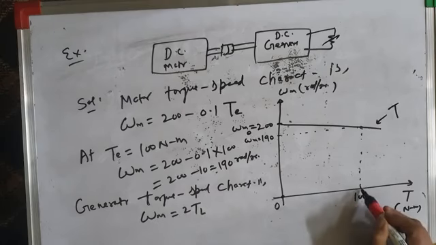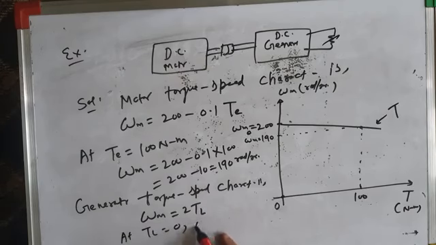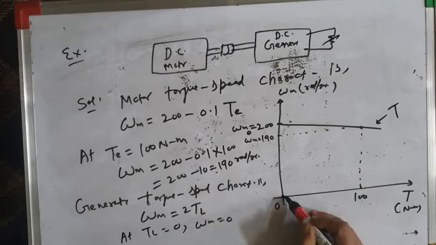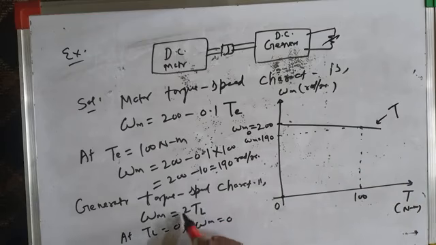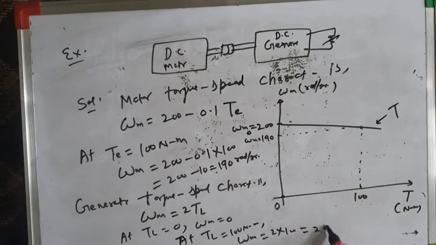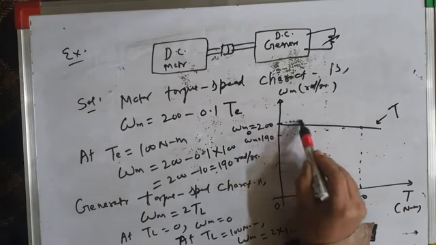Let us see, at a load torque of 100 Newton meter, what is the speed? 2 into 100. At TL equal to 0, omega m is equal to 0, so we have to start from 0. Then as TL increases, omega m also increases 2 times TL, so that at TL equal to 100 Newton meter, which is already a point available on this x-axis, omega m is 2 into 100, that is 200 radians per second.